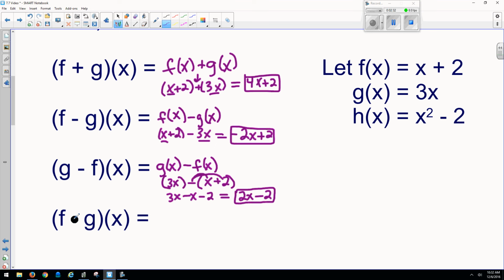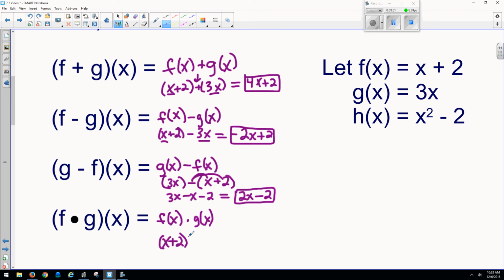This is a multiplication sign. Not to be confused with other things that we've talked about this year, which were composition of functions. And so we're going to get to that in just a minute. But this is multiplication. So this is really f of x times g of x. And so f of x is x plus 2.